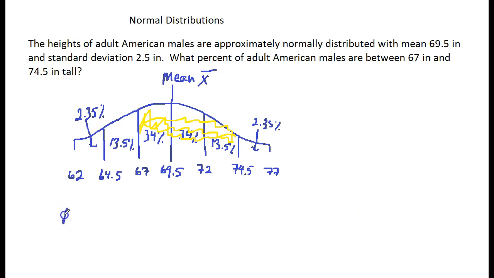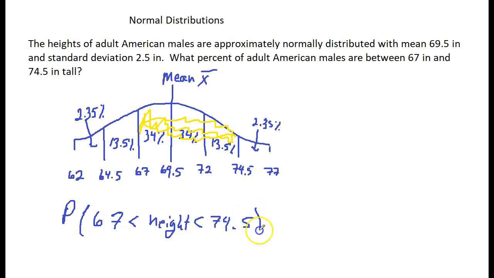So we're saying our probability between 67 and 74.5 for height equals this.